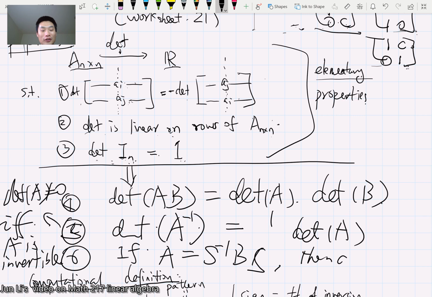It easily follows from properties 4 and 5 on worksheet 21.